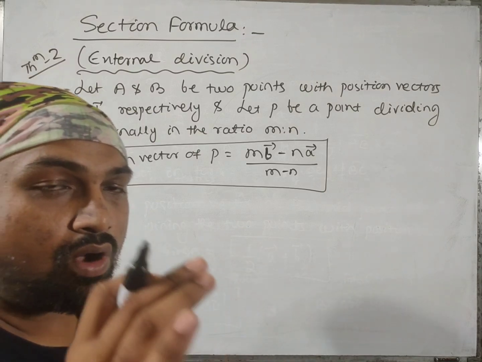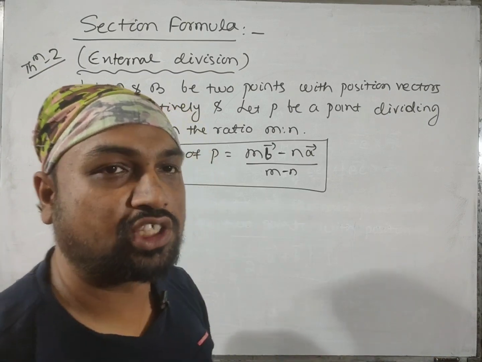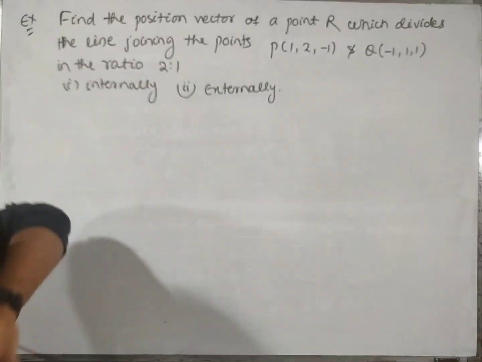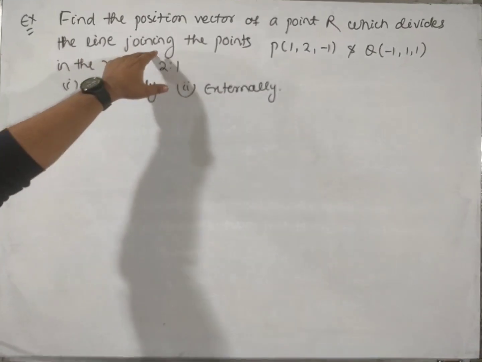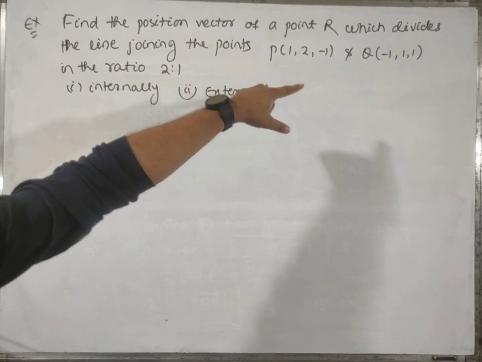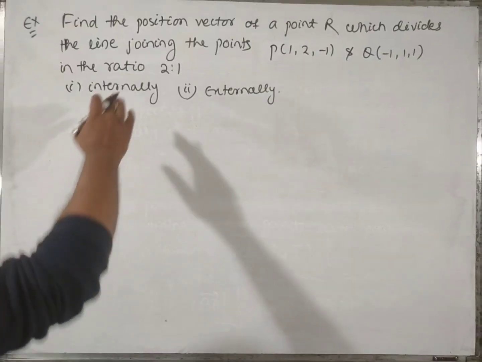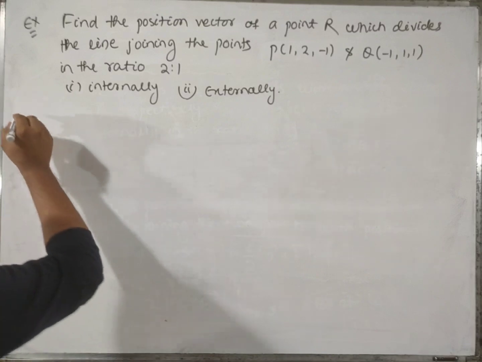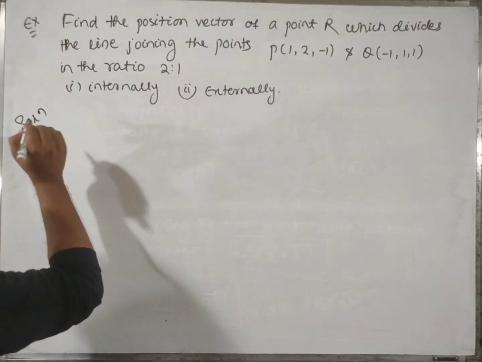Now let us discuss a problem based upon this section formula. So here is the question. Find the position vector of a point R which divides the line joining the points P(1, 2, -1) and Q(-1, 1, 1) in the ratio 2 is to 1, internally and also externally. So here is the solution.